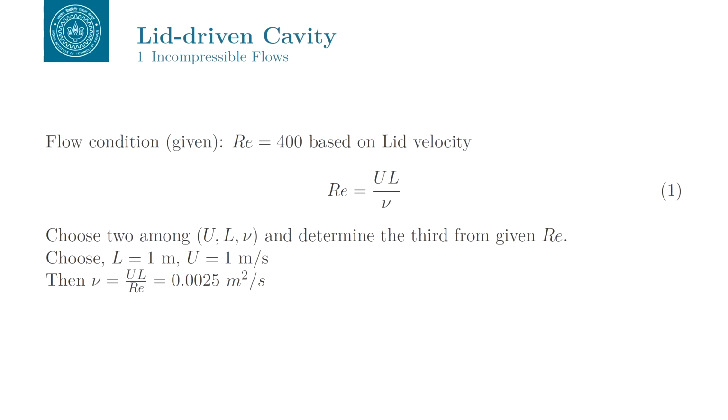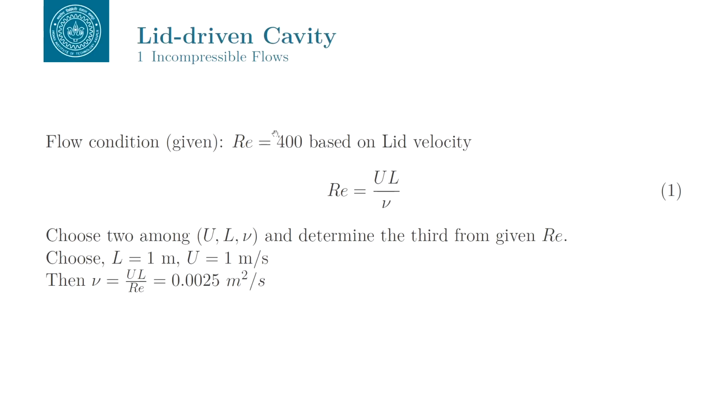The flow condition that will be typically known to you is, for example, what is the dynamical parameter which is governing the flow. In this case it is an incompressible flow, so the only parameter that is governing the flow is the Reynolds number. I have taken a Reynolds number of 400.